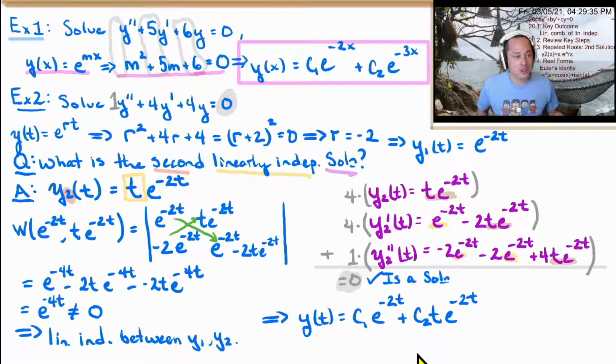Now, the question that you're probably asking is, I don't want to do that every time, man. That looks gross. I'd rather do something else. So what's the take-home message here? The take-home message is if you have a repeated root, then the second solution is t times the first solution. And I'll write that in.